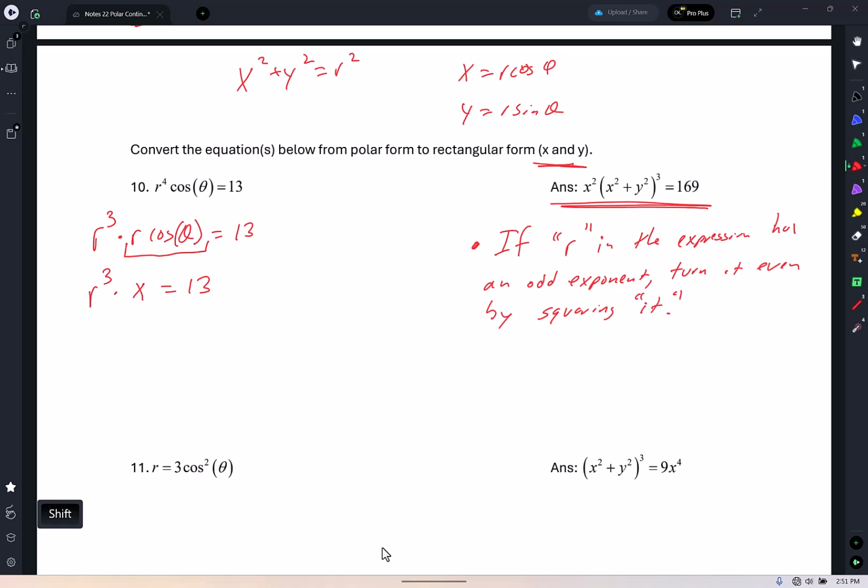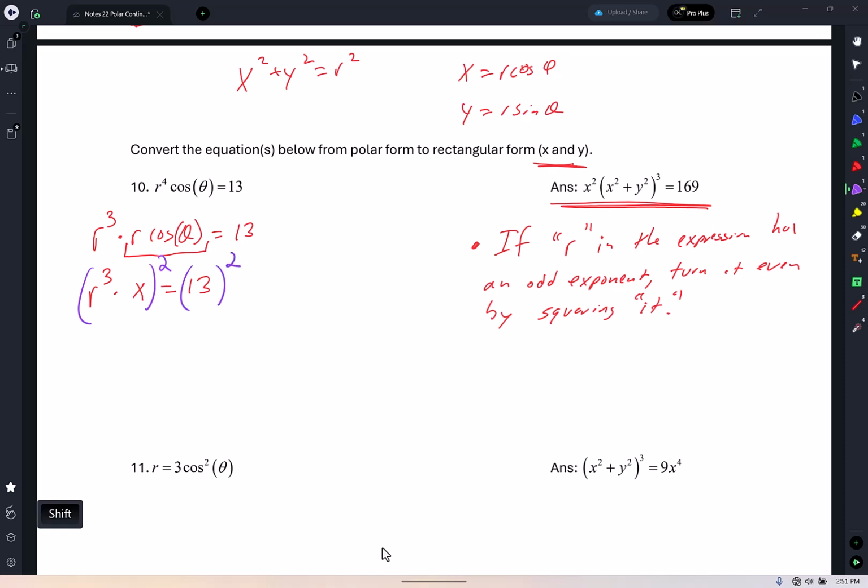All right. I wrote that bullet. It says if r in the expression has an odd exponent, turn it even by squaring it. Do I have an odd exponent on r? Okay, I'm going to square the whole thing because then it just becomes magic. Whatever you do to one side, you're going to do to the other.